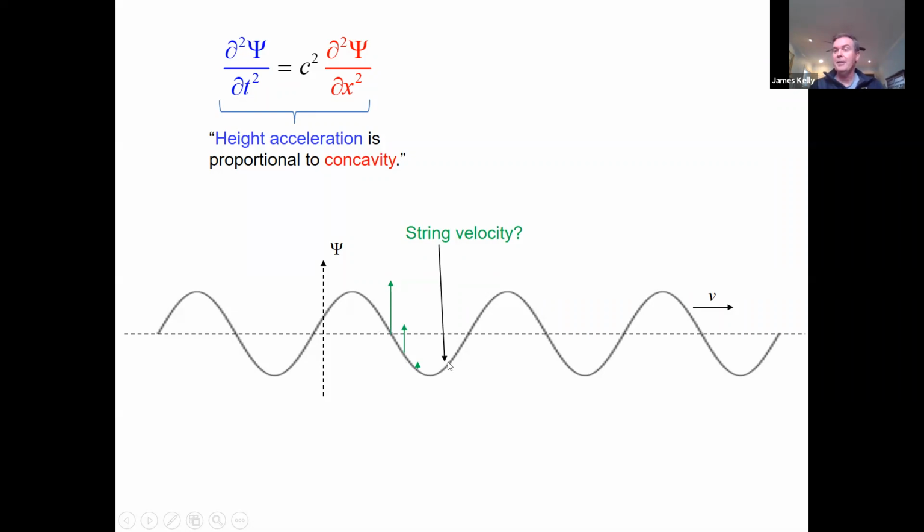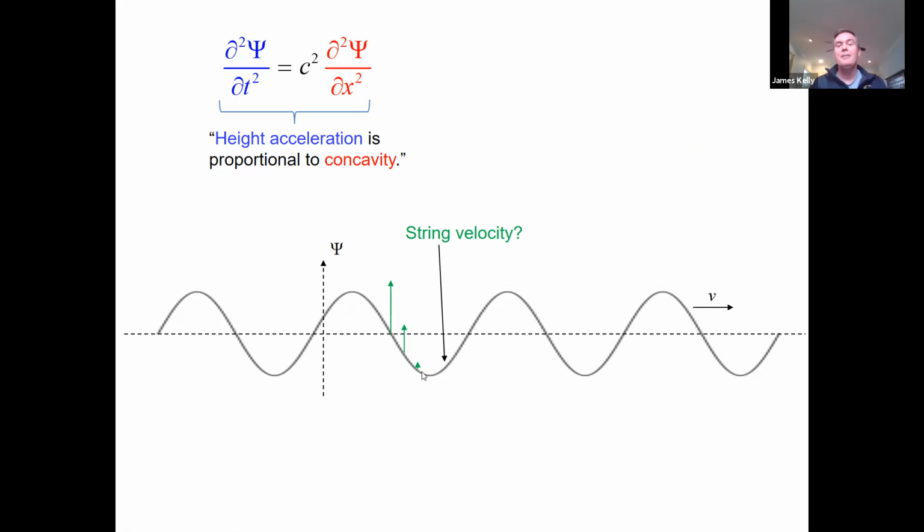How about over here on this side? Makai, can you see if its string velocity is going to be up or down there? So that'll be going down.